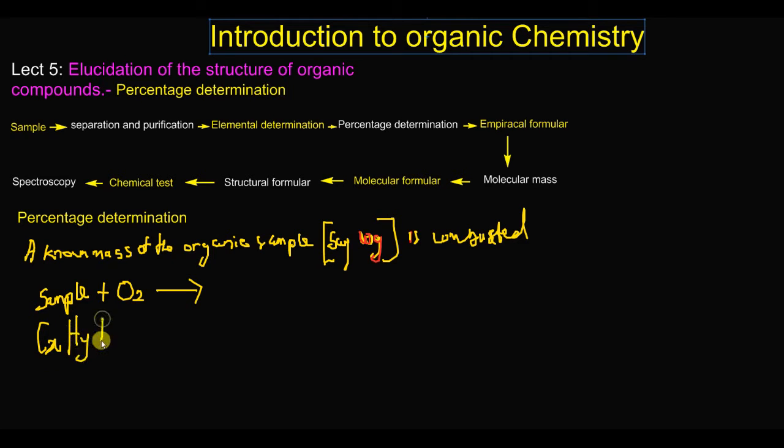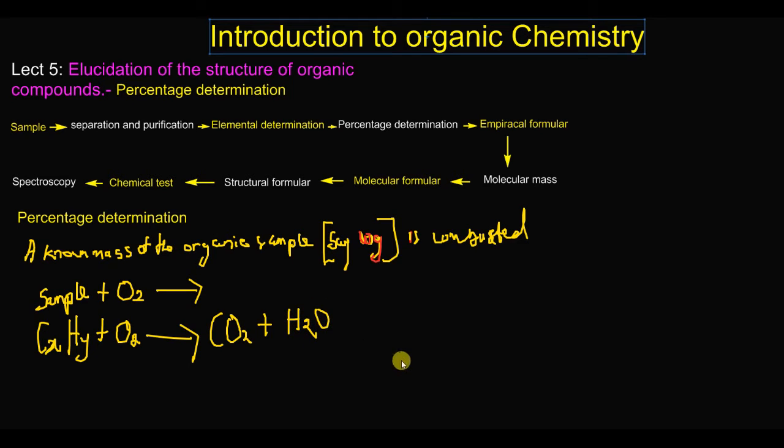So once you burn it in excess oxygen, or you combust it with excess oxygen, you are going to convert all the carbon into carbon dioxide, and you are also going to convert all the hydrogen into water. So basically that is what we are going to do.